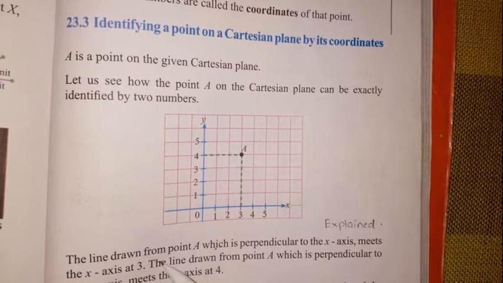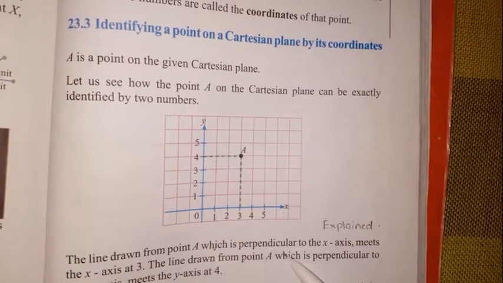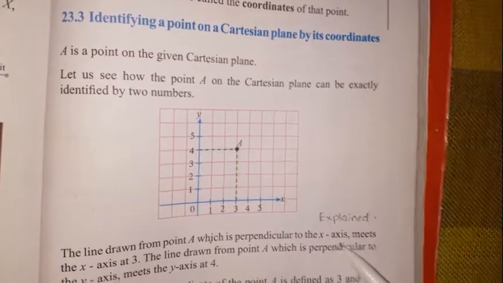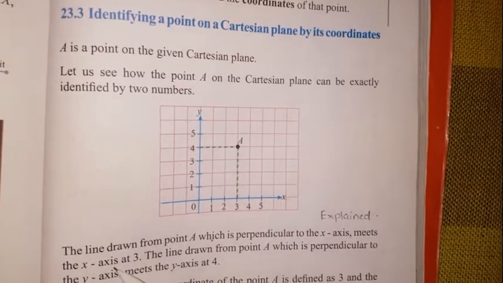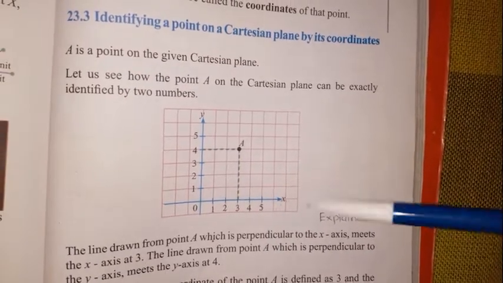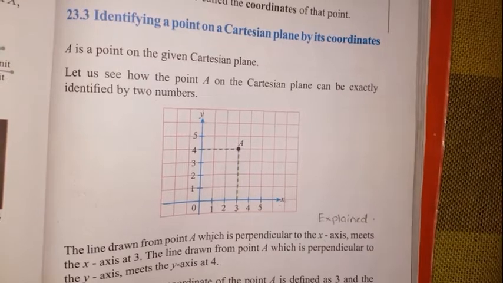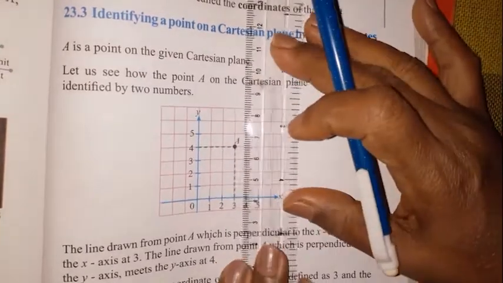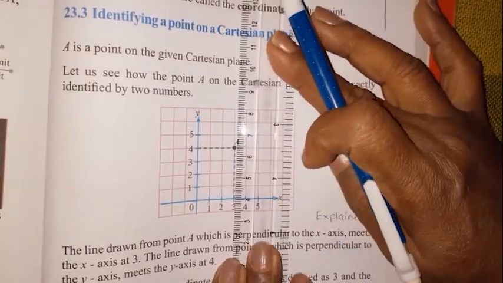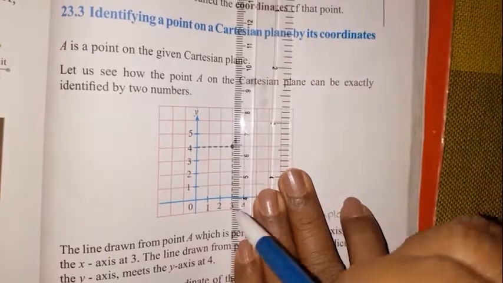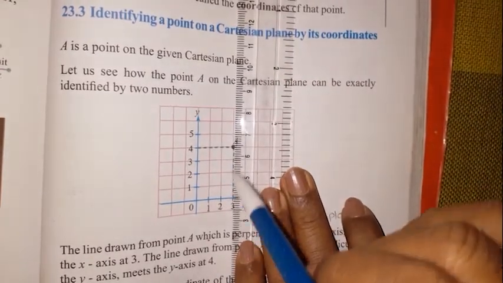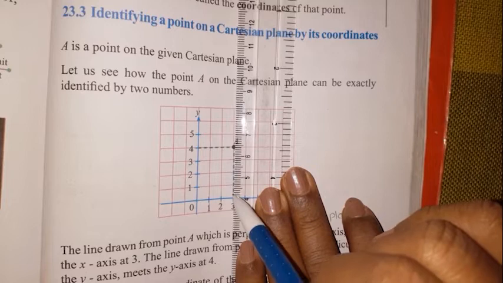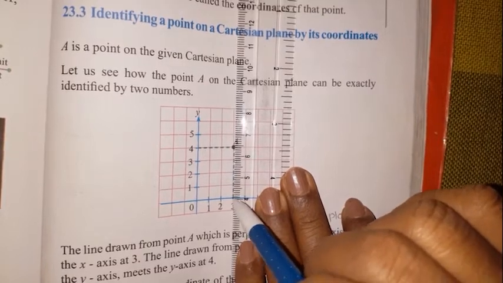The line drawn from point A, which is perpendicular to the x-axis, meets the x-axis at 3. You can see if you keep a ruler like this, on the x-axis, here you can see it's on 3.